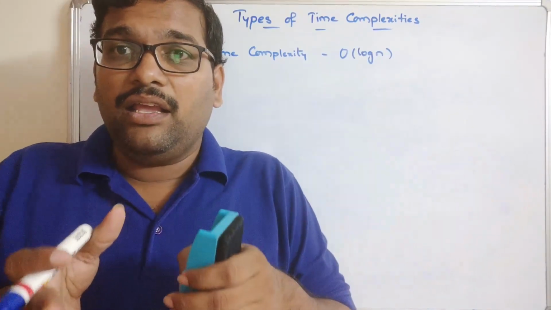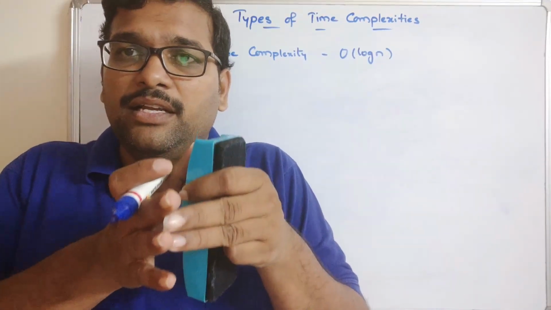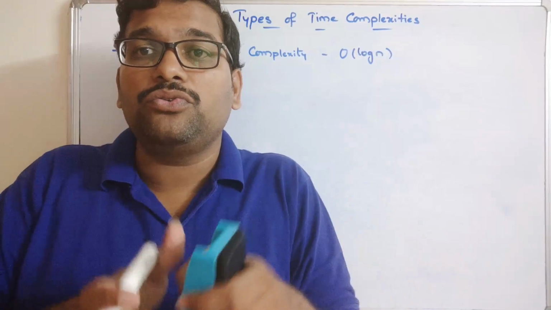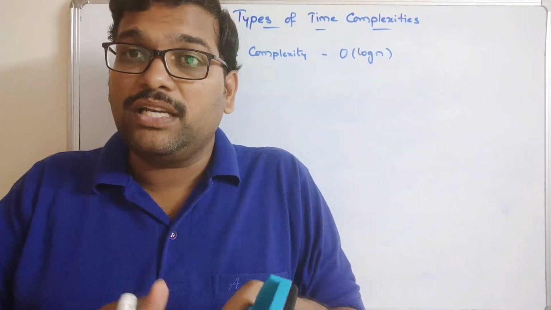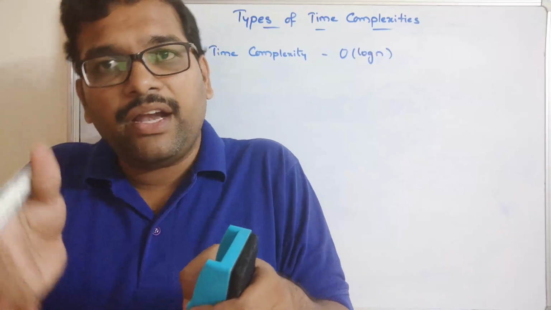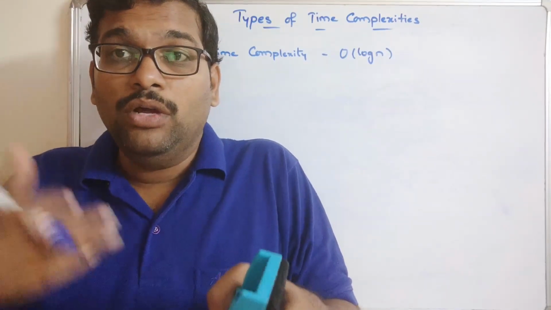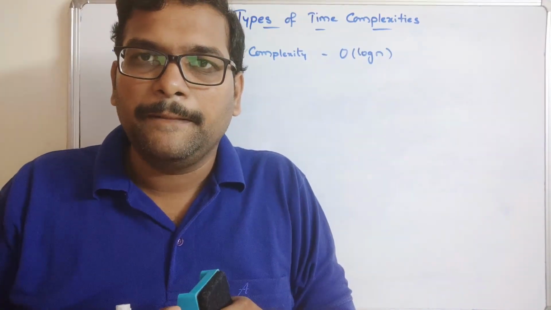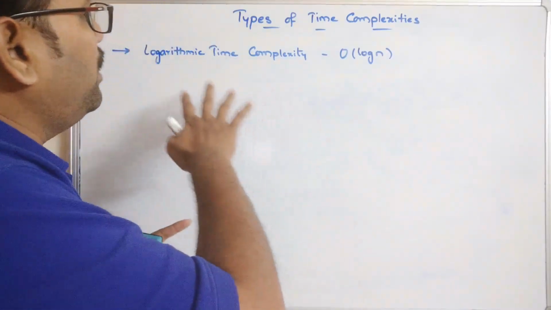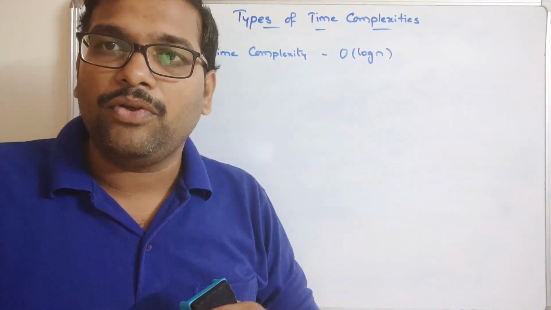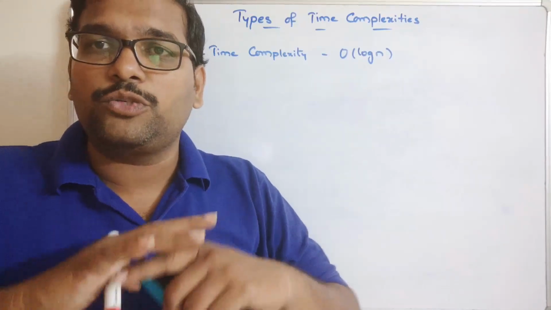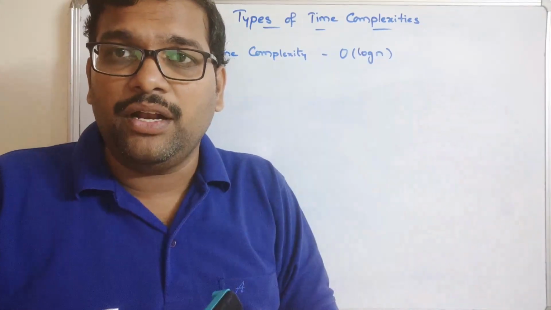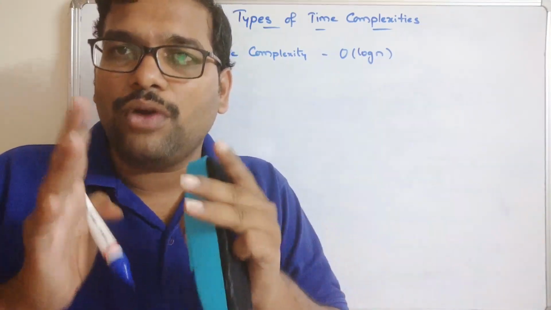Initially, if the problem space is n, after the first iteration the problem space will be reduced to n by 2. Again the problem will be divided in half, that means n by 4. This process is repeated until the problem has been solved. Such a thing we call logarithmic time complexity. Here the problem is divided into small parts, and after every division the problem space is reduced to half.